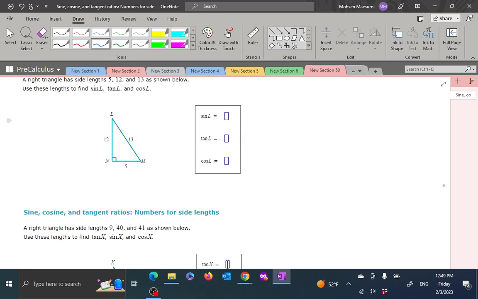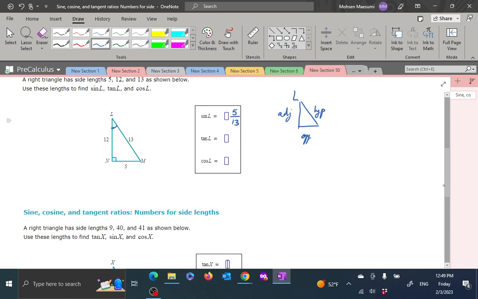So it's asking for the tangent of angle L. With respect to L, if this is the angle L, then this is the opposite of L, this is the adjacent of L, and this is the hypotenuse. So tangent of L is the ratio of its opposite over adjacent.